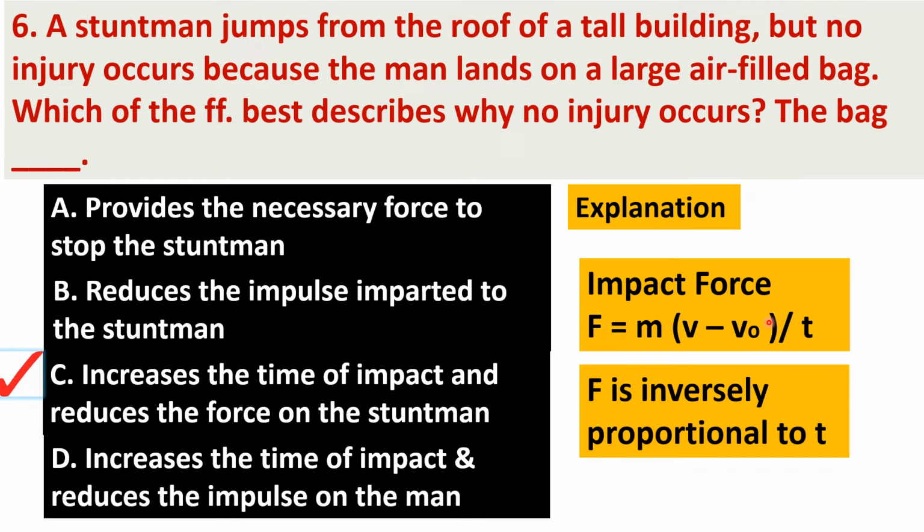So keeping them constant but increasing the time of interaction will make the force smaller. All the other explanations A, B, and D are definitely not considered correct explanations. So this is the best explanation why we don't get hurt.